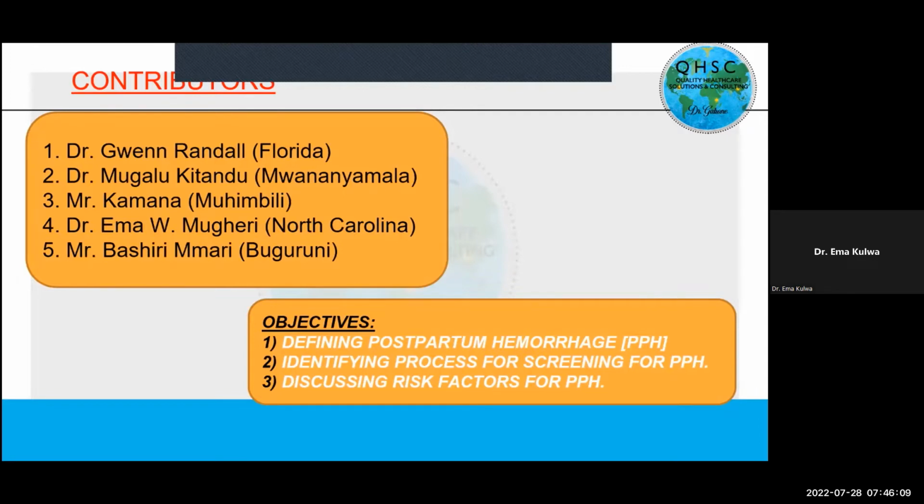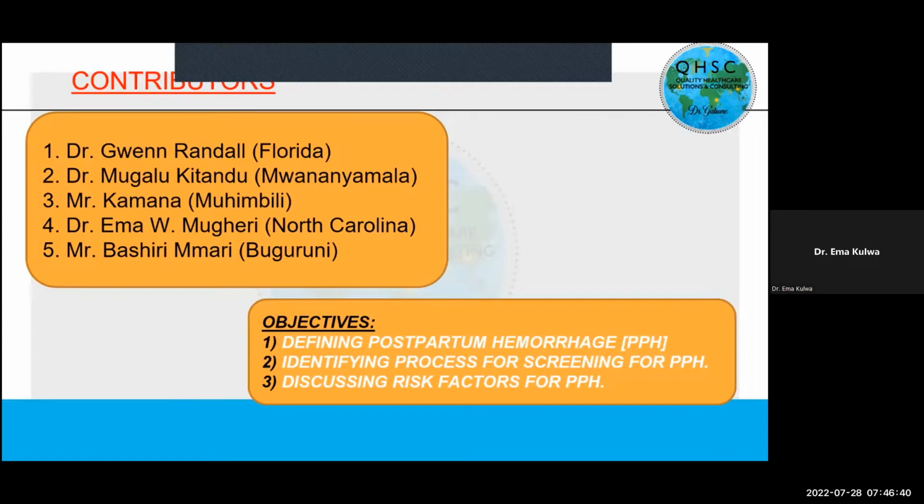Even though they are technically low risk, we know it can happen to anybody. So this group of patients will also get Pitocin after delivery as a routine. The nurses know that as soon as the baby is delivered, they go ahead and start Pitocin.